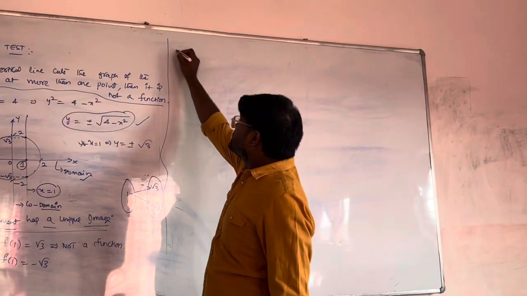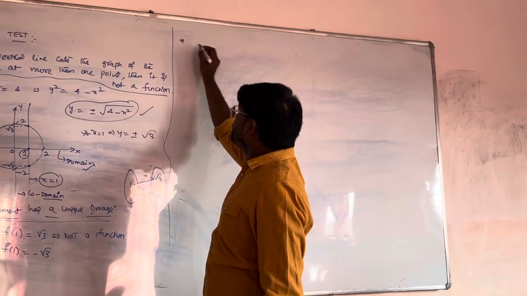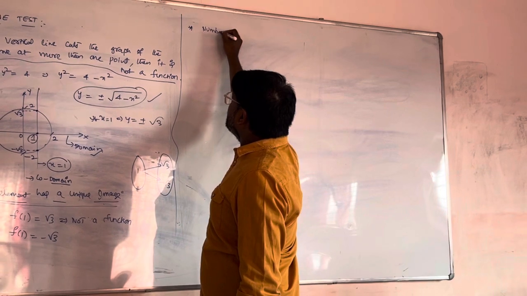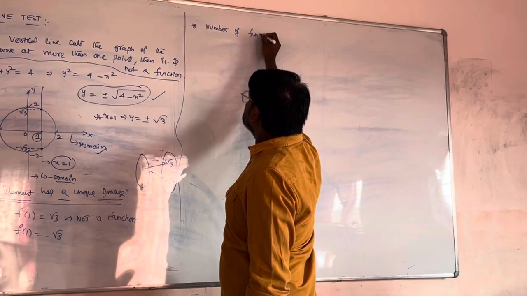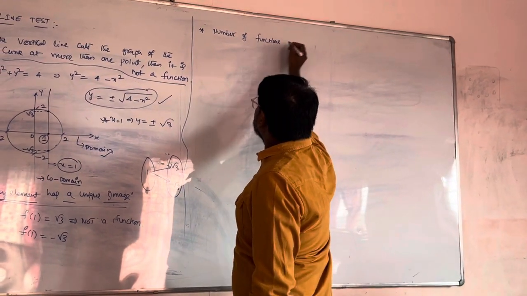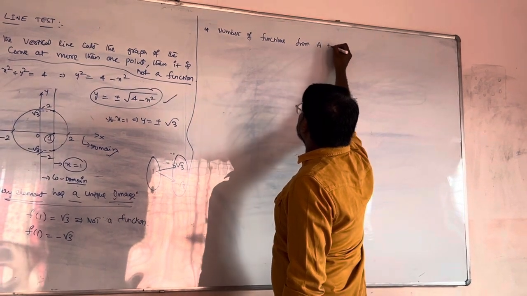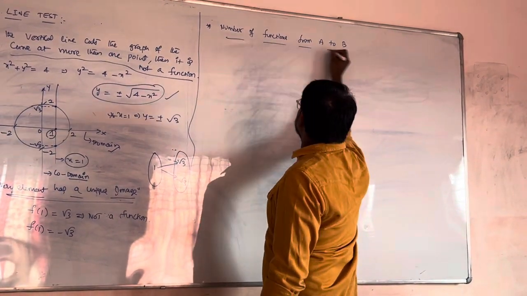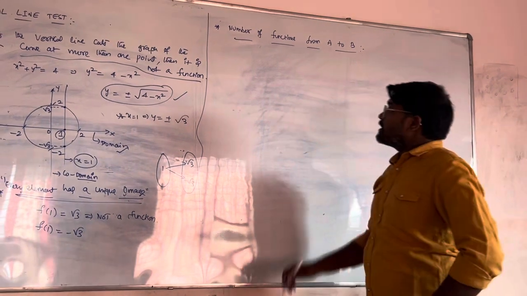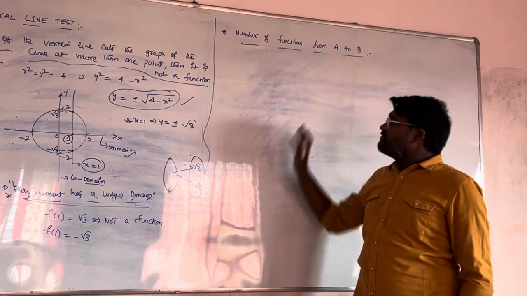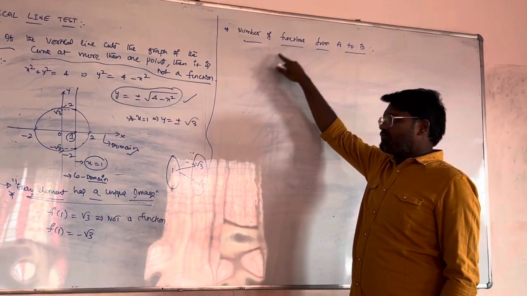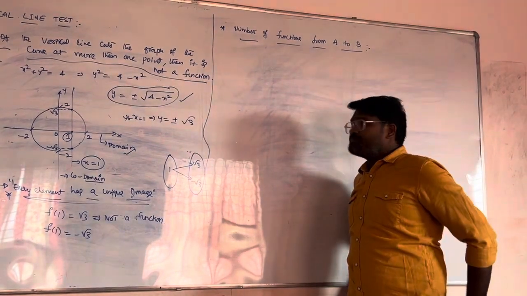Now let's derive one very, very important formula. How do we determine the number of functions from a given set A to another given set B? To derive this one, we will take the help of the fundamental principle of counting and permutations and combinations, which is very simple.